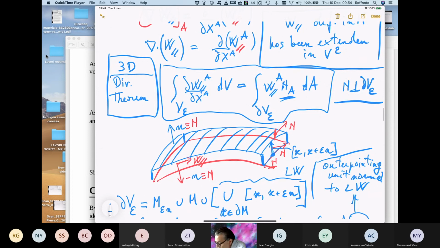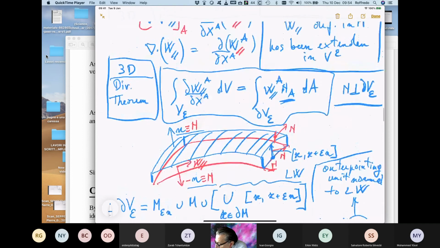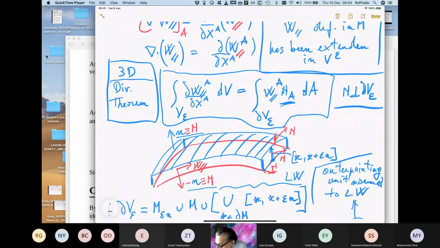Now we must understand how this normal is built. At the bottom surface, the outer pointing normal is minus n. At the top it is n, small n. So capital N is the outward pointing normal to the boundary of V epsilon, while small n is orthogonal to M, the starting surface.